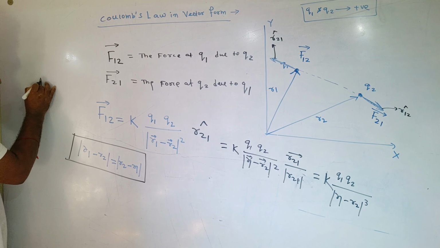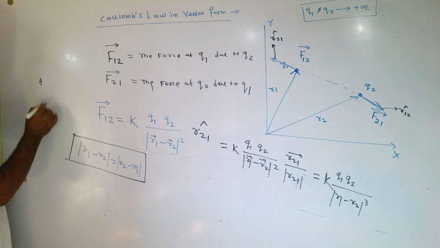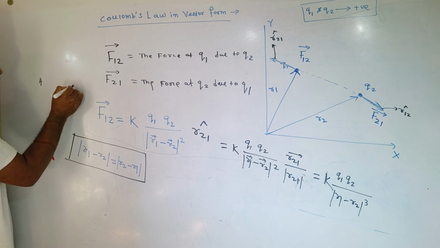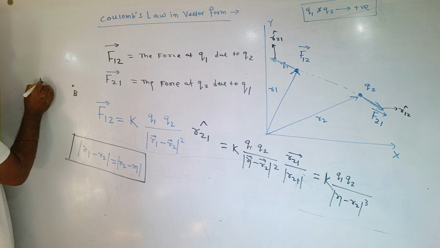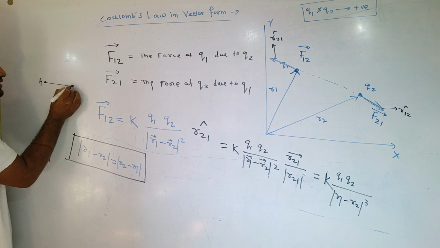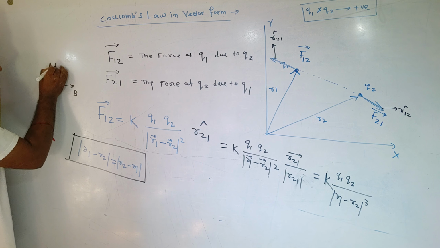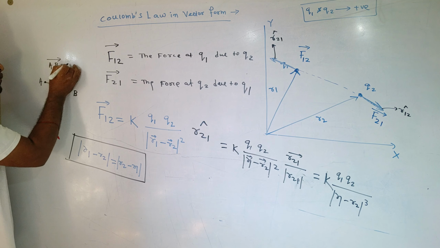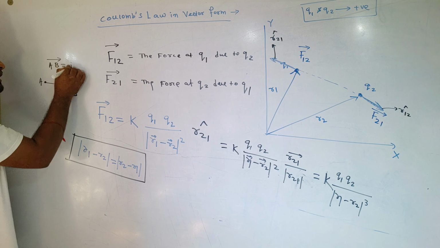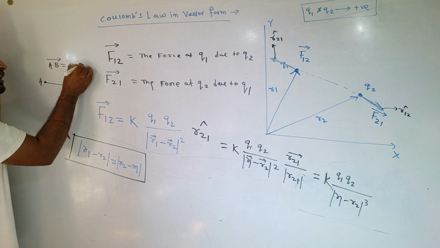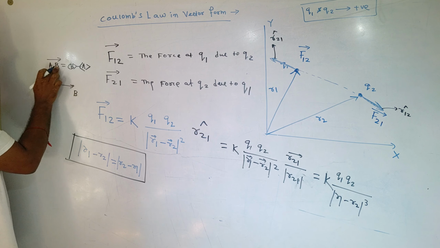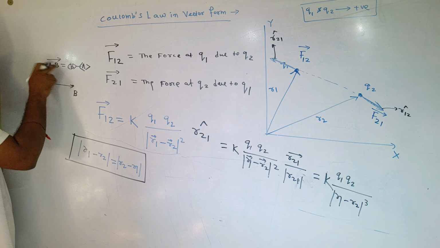Before that, one point: suppose this is a point a and this is a point b. The vector ab is the position vector of b minus the position vector of a, that is head minus tail.